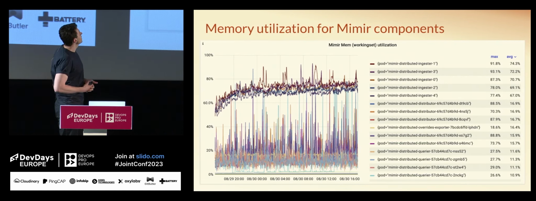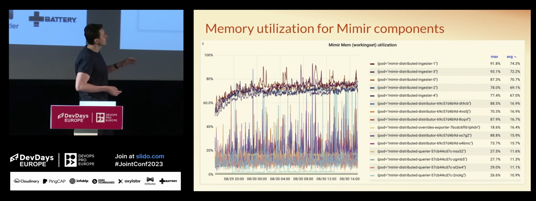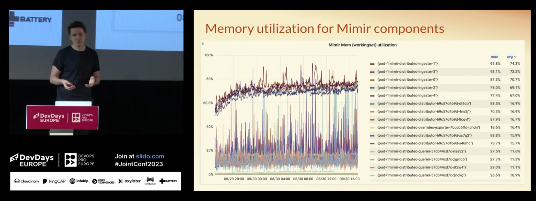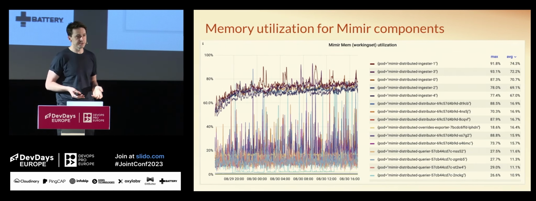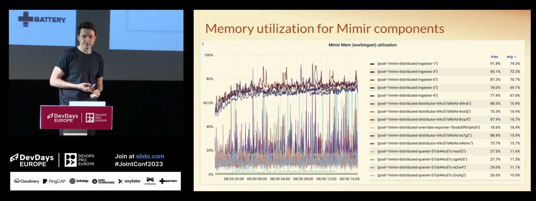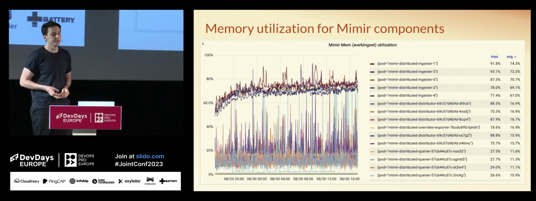And this is how memory utilization looks for Mimir. You can see that there are many components in the legend, but mostly memory was utilized by ingesters. Ingesters are the most expensive components in this setup, and they were using up to 90% of memory at spikes.